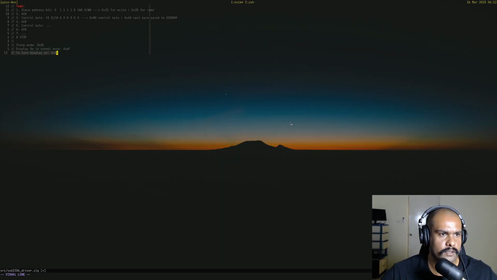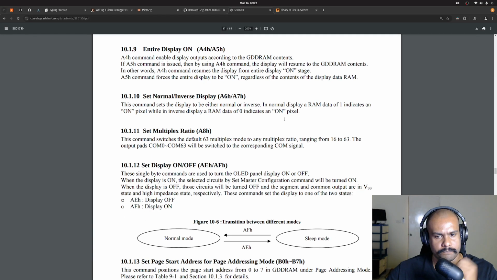Let's move this down. Turn OLED display on. Okay. From entire display on stage. So after turning this on, we'll use A4.